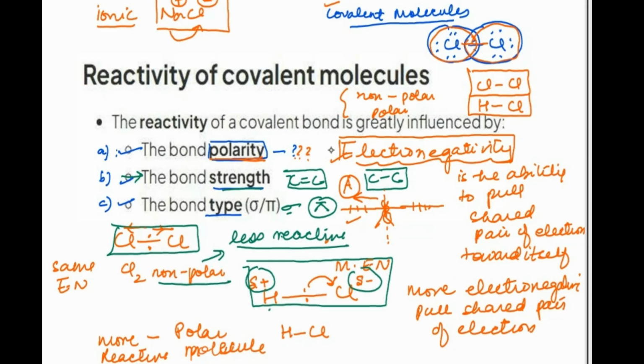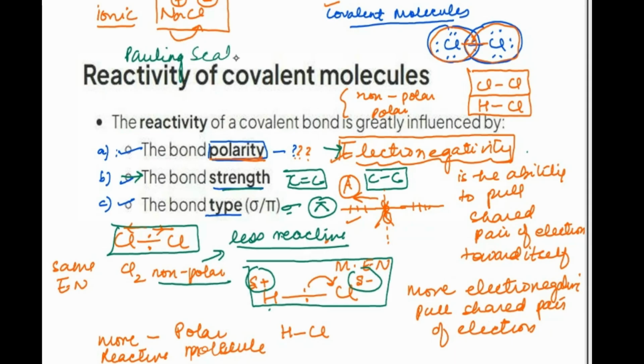Yes. So now let's go step by step and look at the definition of electronegativity, and let's see there is a particular scale, right? For example, we have the periodic table. In the periodic table, we have the elements with the atomic number and masses. There is a scale which is known as the Pauling scale.